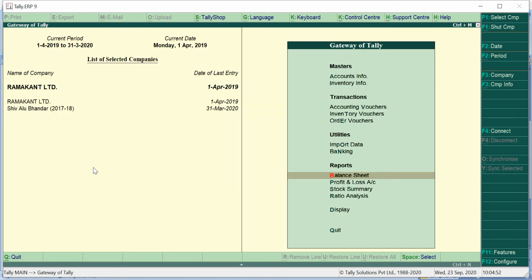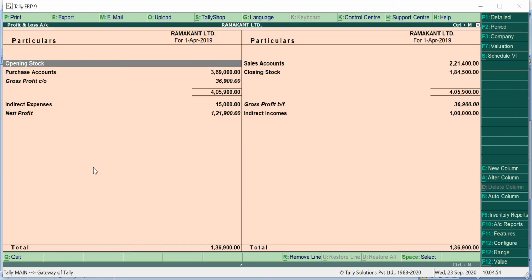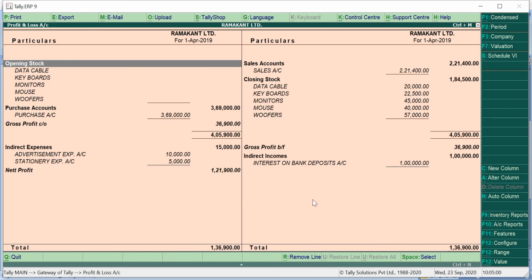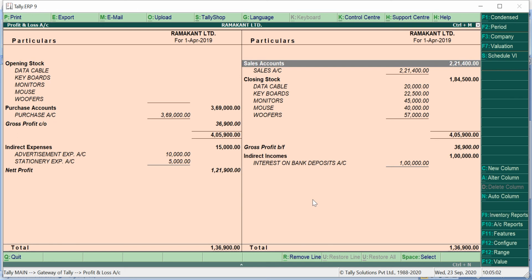Let us refer the profit and loss account as well. After entering 10 transactions, see it is item wise. Everything is displayed. Interest on bank deposit is there. 2 advertisement expense, stationery expense, 2 indirect expenses are there.